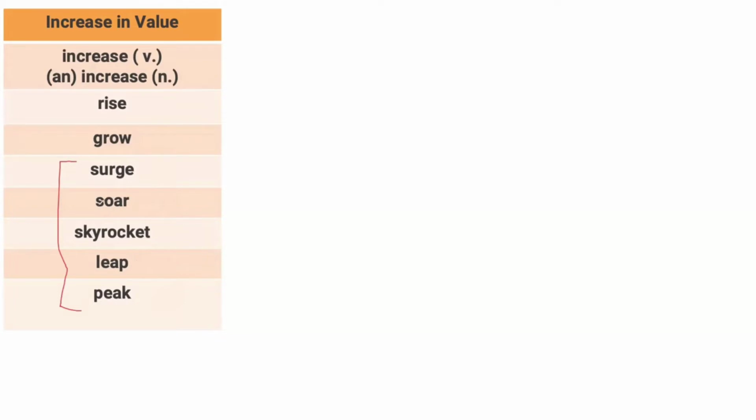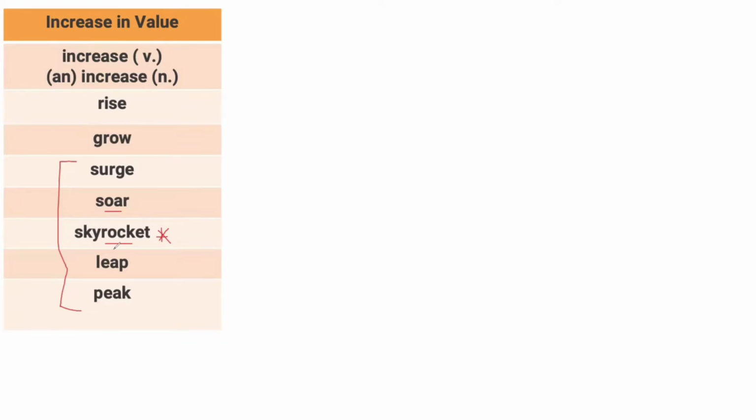Now, just to note here, soar and skyrocket are both very strong words that describe large rises. In fact, skyrocket is more sudden, so something that perhaps is a very large increase that is never before seen in your bar chart or in your line chart. This is something sudden and perhaps unexpected, and something that you would want to make note of in your report.